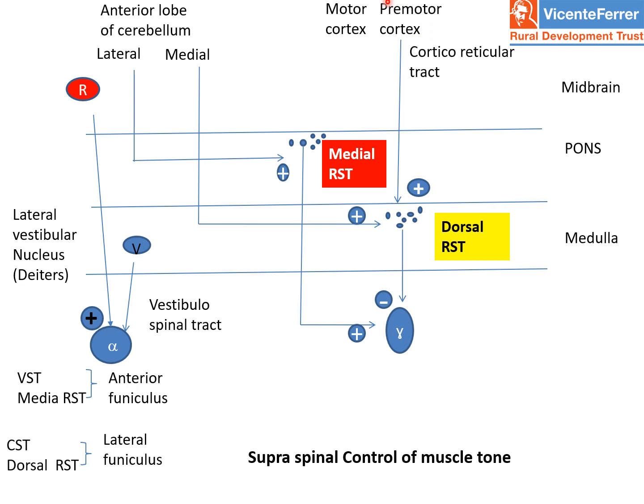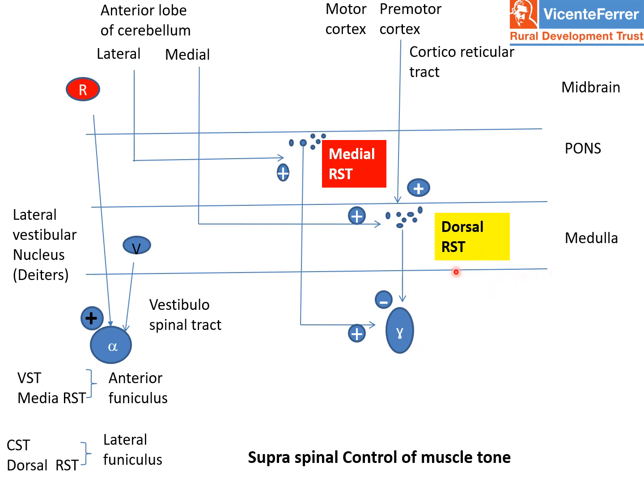So the motor cortex and premotor cortex are where this corticoreticular tract arises, and this is the midbrain, where the red nucleus will be, and the pons, where the reticular formation nuclei are, from which this medial reticulospinal tract is arising, and in the medulla, from reticular formation nuclei, the dorsal reticulospinal tract will be arising.